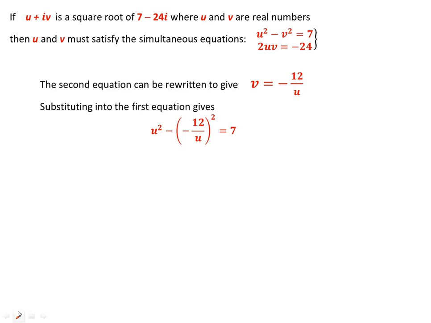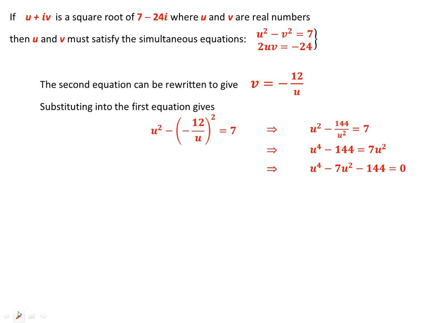In other words, u squared minus 144 over u squared must equal 7. A sensible thing to do is to multiply up by u squared to clear the fractions. We get u to the 4 minus 144 equals 7u squared. Getting everything on one side, we've got u to the 4 minus 7u squared minus 144 equals 0.